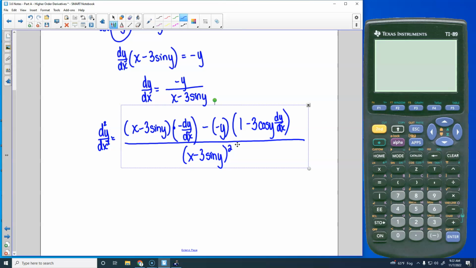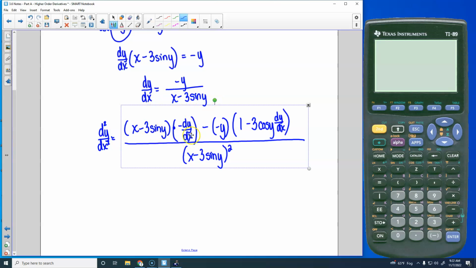All right, so let me tell you that simplifying this is going to be very difficult, because you've got two places where you have to plug in this y over x minus 3 sine y.